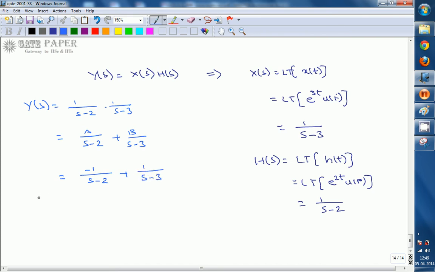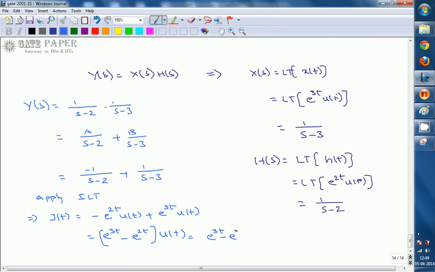Applying the inverse Laplace transform, we get y(t) equals minus e^(2t) u(t) plus e^(3t) u(t), which is (e^(3t) minus e^(2t)) u(t), that is e^(3t) minus e^(2t) for t greater than 0.